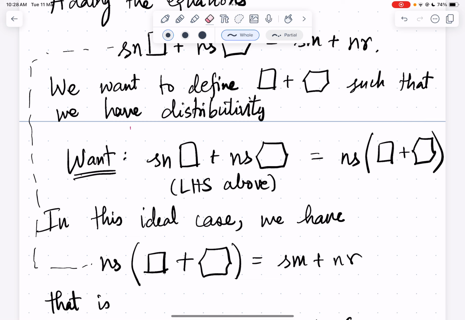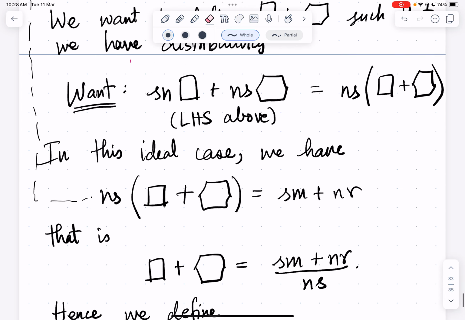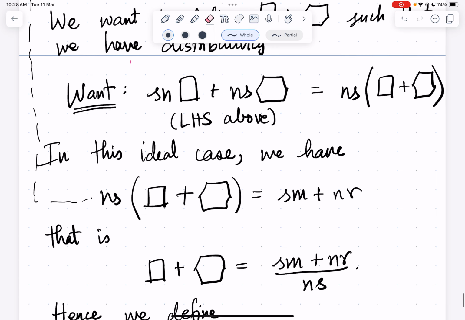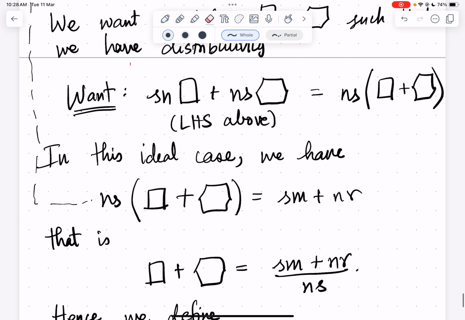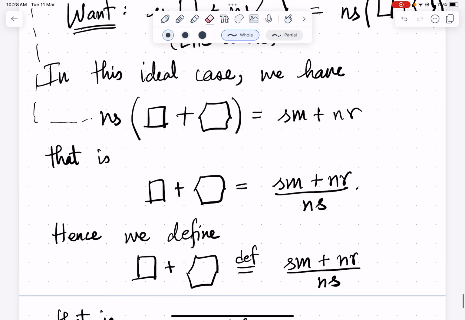We wanted to define this addition such that this distributivity holds: sn times box plus ns times hexagon is ns times box plus hexagon. We wanted to be able to take ns common. So in this ideal case, from the above equation sn box plus ns hexagon equals sm plus nr, we have ns times box plus hexagon equals sm plus nr, that is box plus hexagon is sm plus nr by ns.